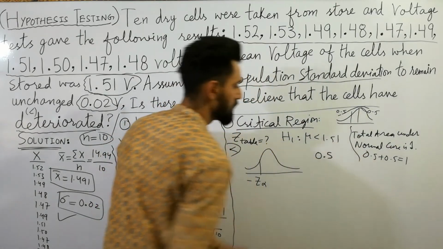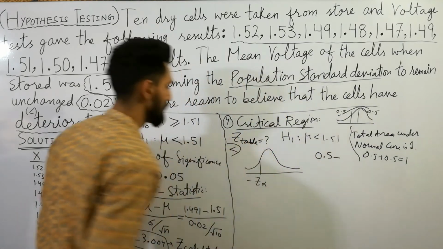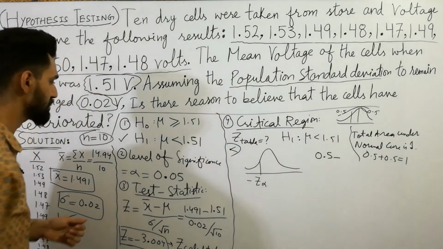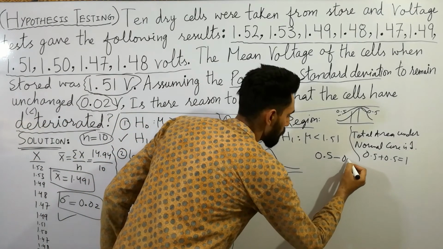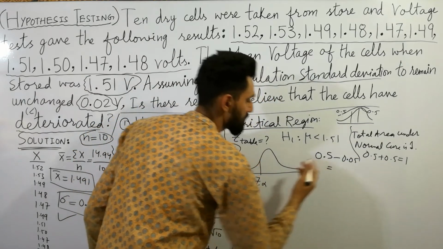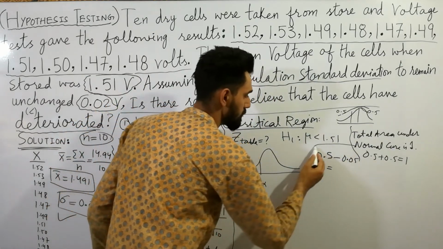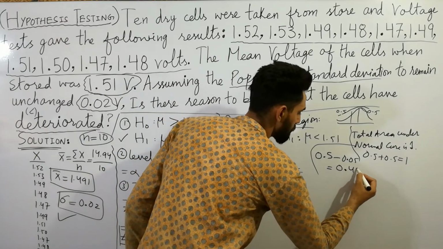So we put the value 0.5 minus the level of significance, which is 0.05. Next, we will get 0.5 minus 0.05. We will get here the value 0.45.